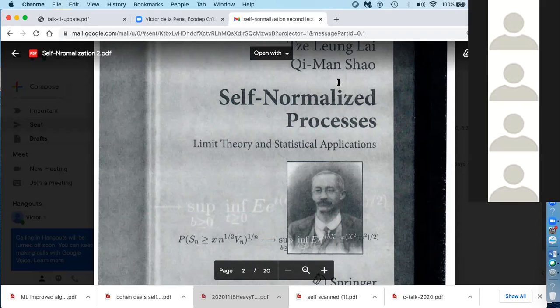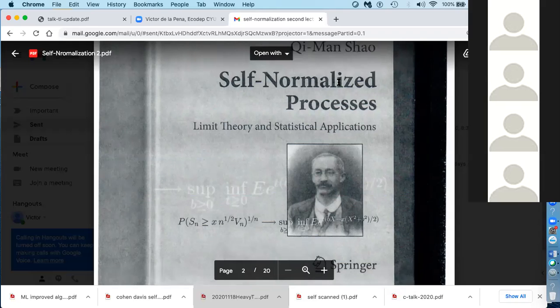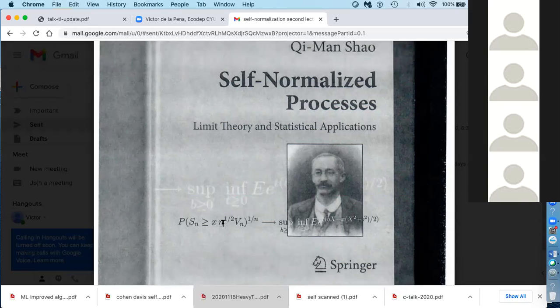Okay, so one of the key results in self-normalization is a large deviations result by Kim and Chow, in which instead of assuming that you have a moment generating function, you assume that you have IID variables, but no moment generating function at all. So there are no moment assumptions. The way this is attained is by taking the sum bigger than or equal to root 2 n times the square root of the sum of the squares of the variables, and this to the 1 over n converges to a constant.